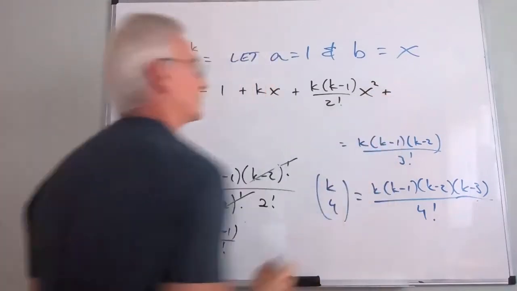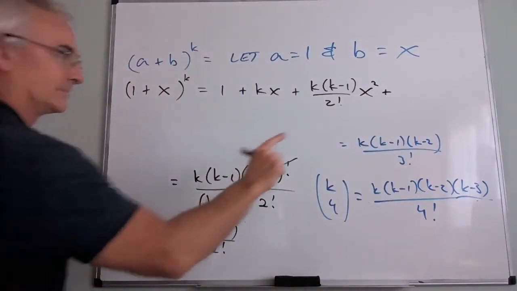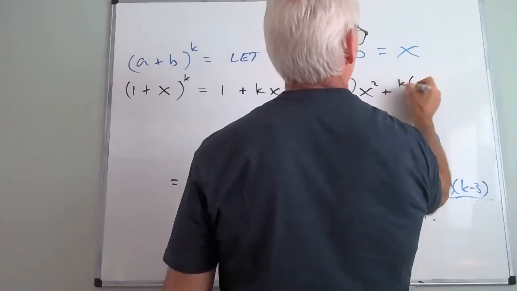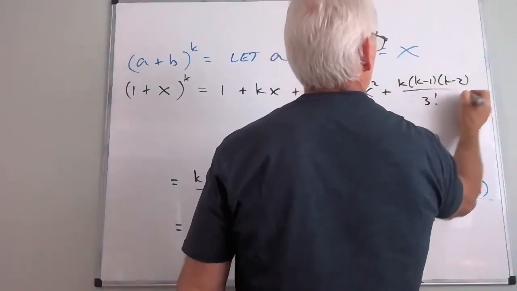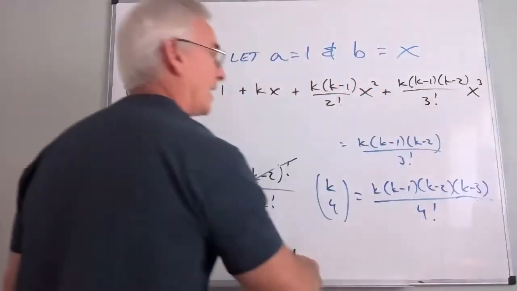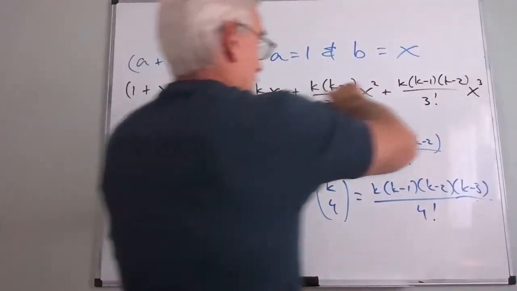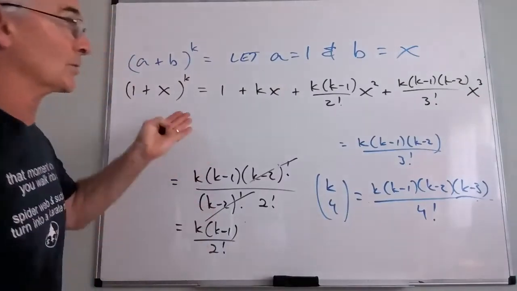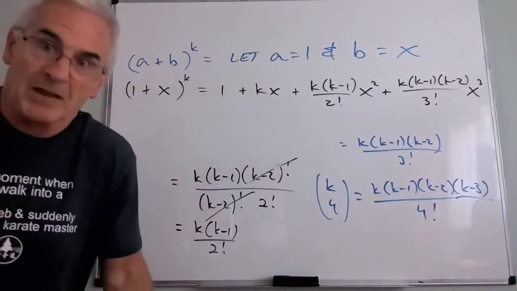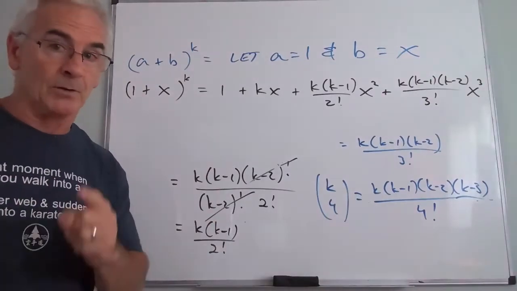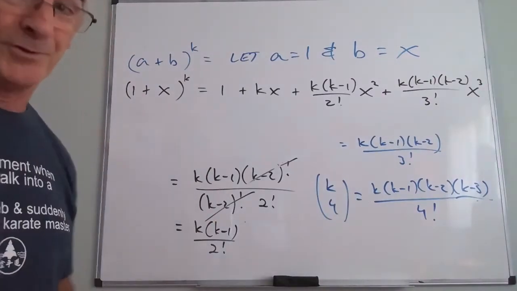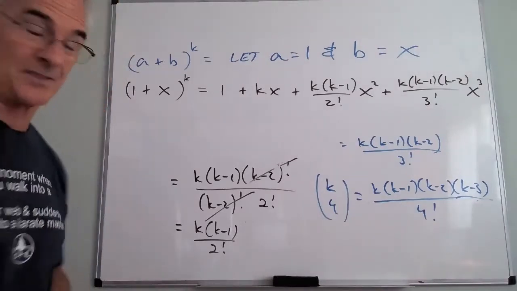And then the next term would be K choose 3. Okay, now, this is absolutely correct because all I did was expand the binomial. This is more useful because I can do more things.